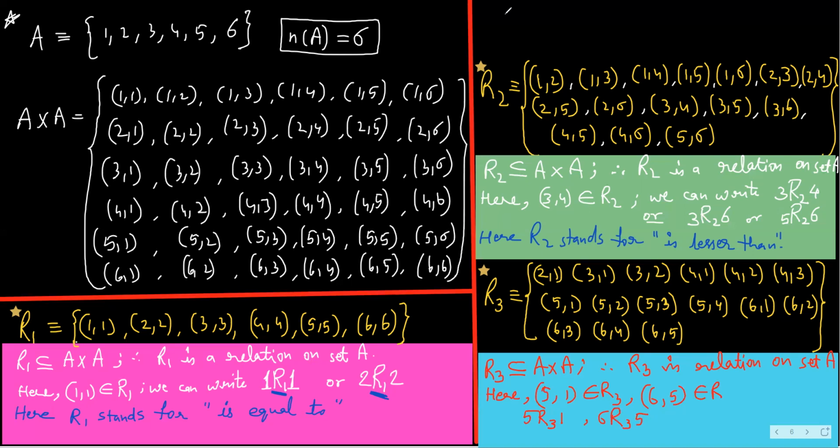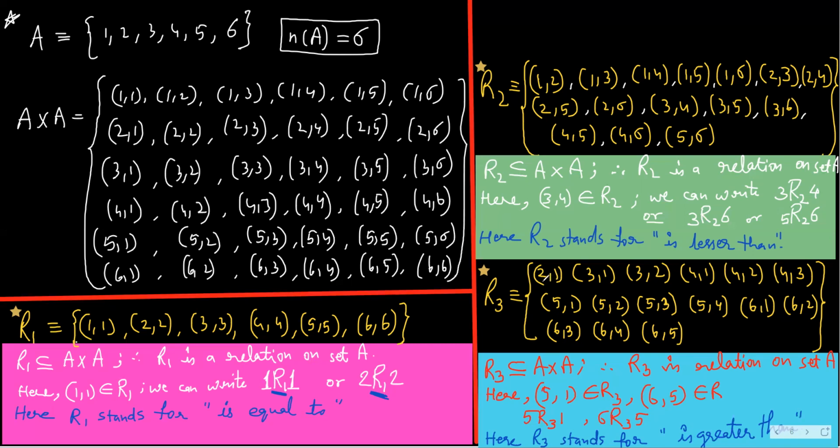And students, what does R3 stand for here? R3 stands for "is more than" or "is greater than." You can check all the elements which you have in R3, they are all satisfying the relation is greater than.